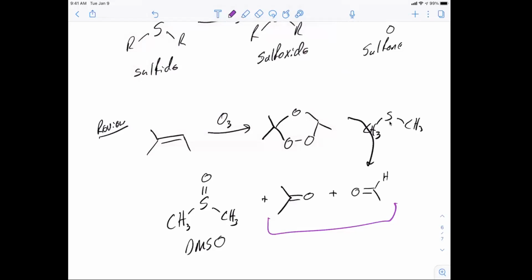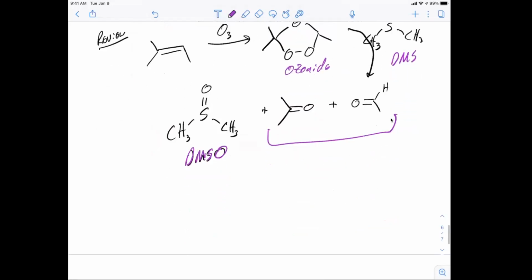So in this process, we have already seen an oxidation of a sulfide: DMS becomes DMSO, the sulfoxide, by reacting with the ozonide. Of course, that's not the primary focus of it, but it is important to show it.